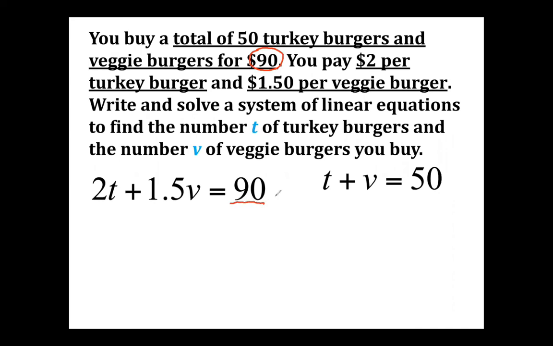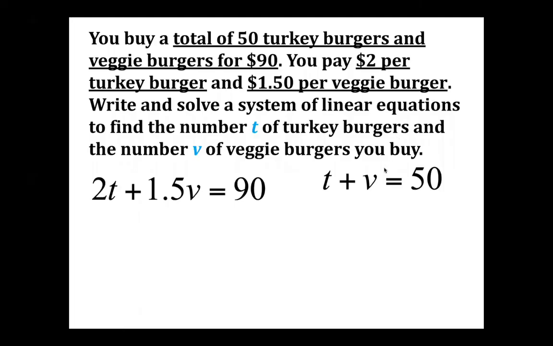And we also know that each turkey burger costs $2. So that would be 2 times every turkey burger, or t, plus $1.50 per veggie burger. So that would be $1.50 times every veggie burger, which would be represented by the variable v.